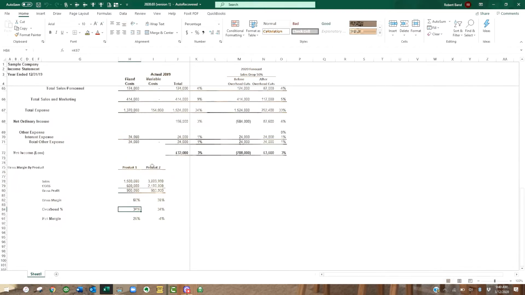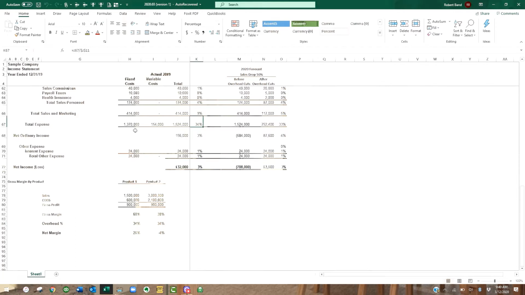Now, in the P&L, their overhead percent, which is their total expense below gross profit, is 34%. So on product 1, they made 26 points in excess of their overhead, and in product 2, they actually lost 4 points.